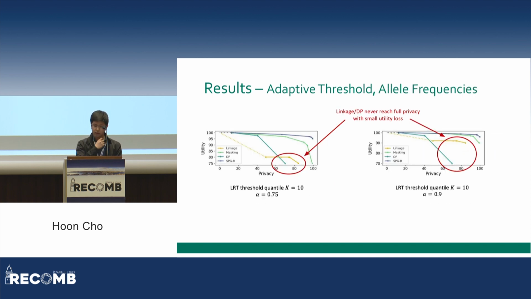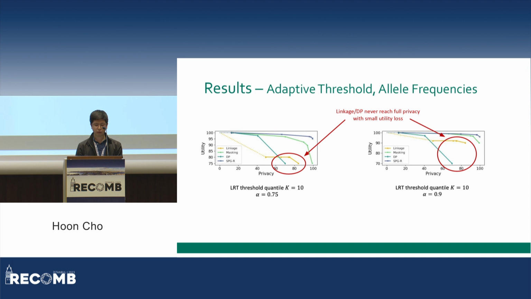And lastly, this is looking at the adaptive threshold setting with allele frequency queries. The authors noted here that a low value of alpha makes SPG reduce to a simple flipping-based solution, sorry, the one that's only based on addition of noise. So here they're only looking at alpha values of 0.75 and 0.9 in this example.